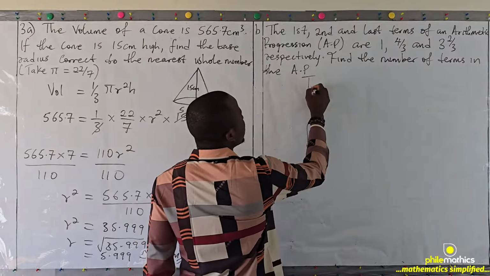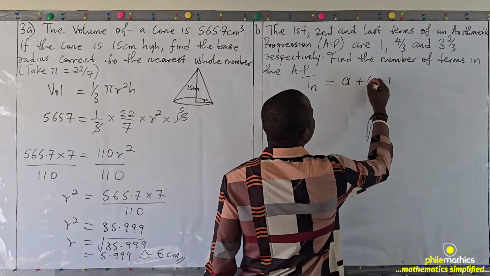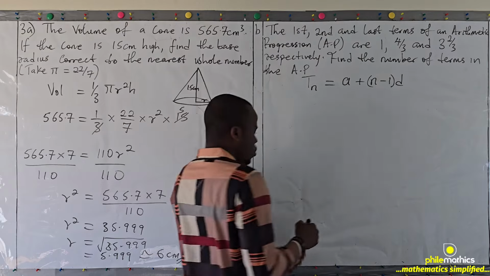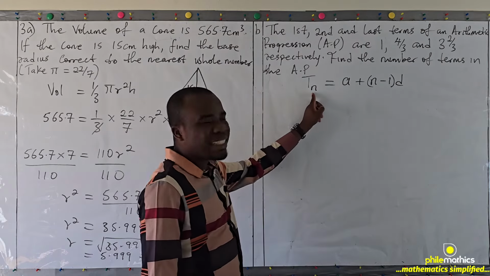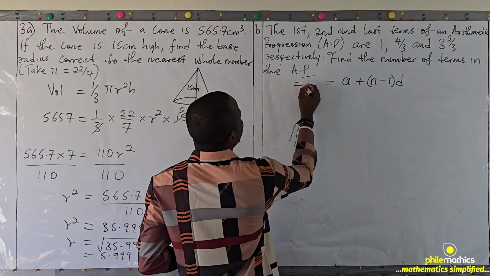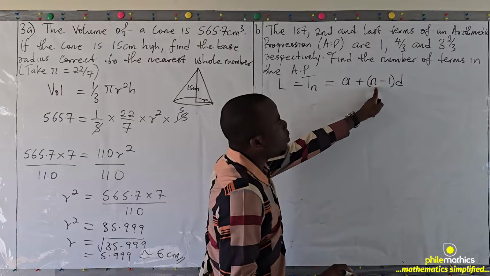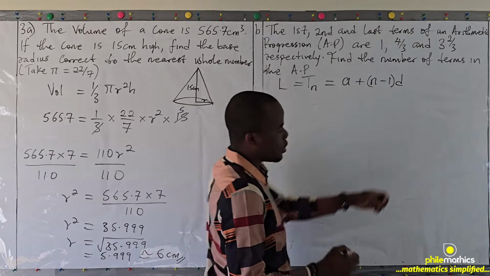The n term of an arithmetic progression is a plus n minus 1 d, where this is the nth term or last term. So this is also called the last term. This is the first term. This is the number of term. This is the common difference.